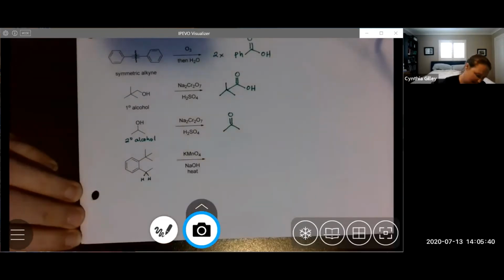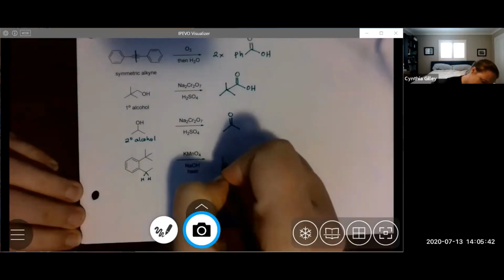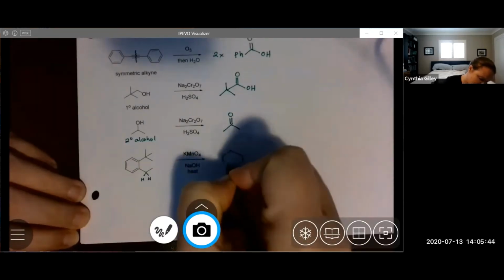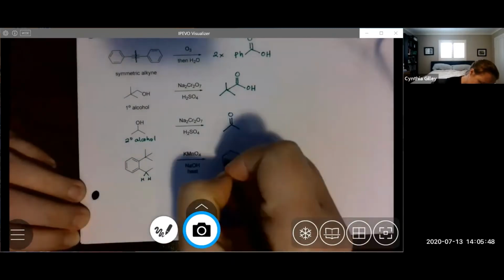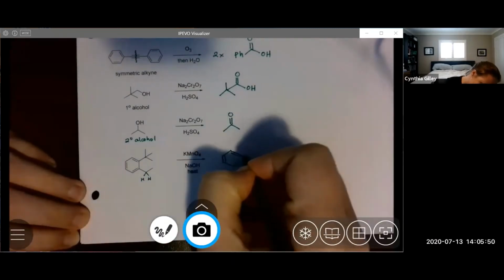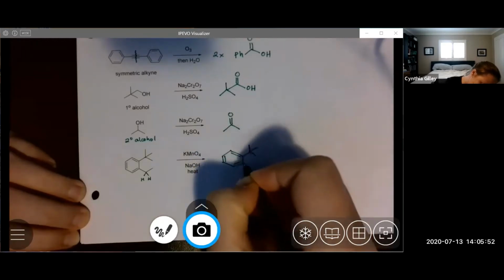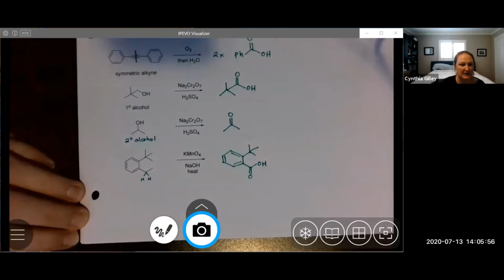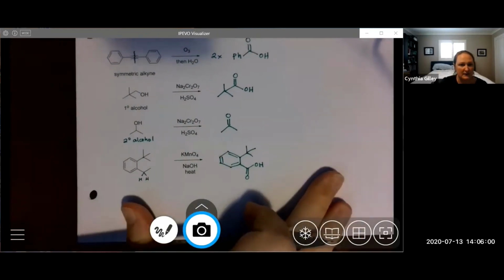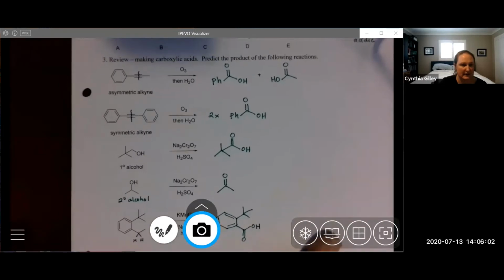That carbon can get oxidized, whereas the tert-butyl's carbon does not have hydrogen. It does not get oxidized. We just oxidize that benzylic carbon to get carboxylic acid. So those are some review reactions, ways that you've seen carboxylic acids being made in prior chapters.